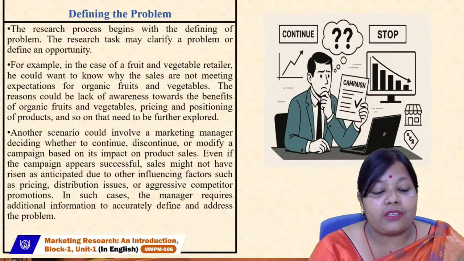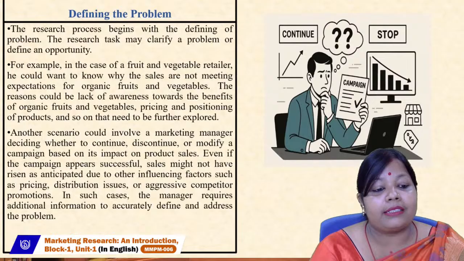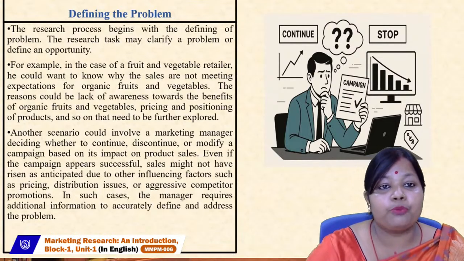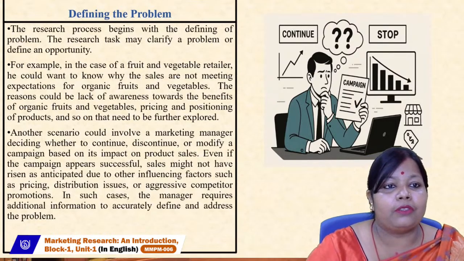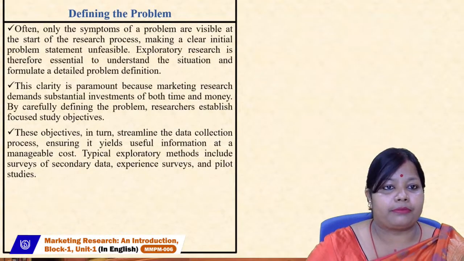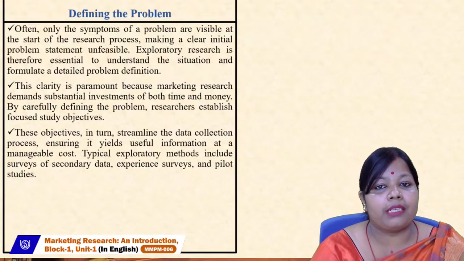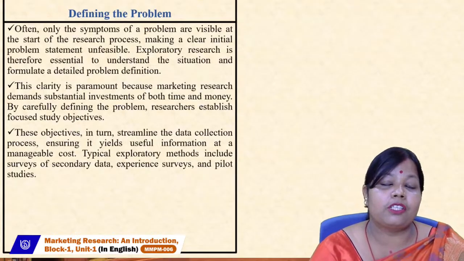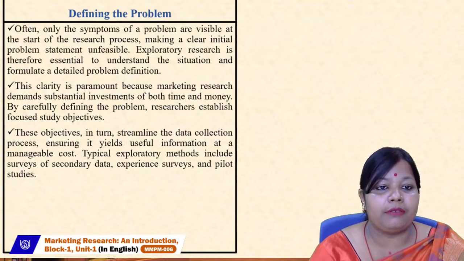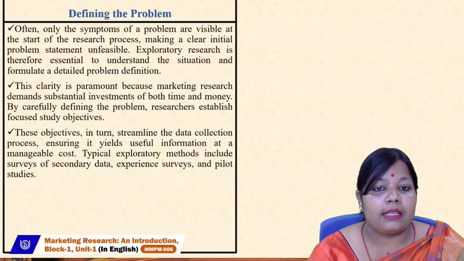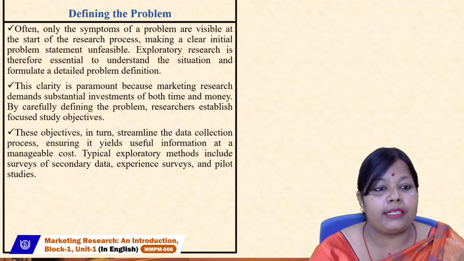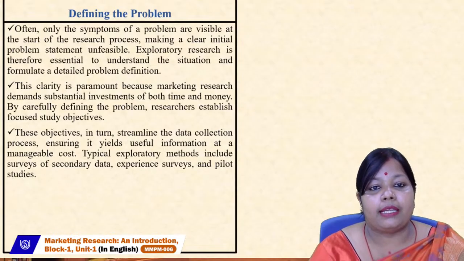So additional information to accurately define and address the problem is most important to define the research problem. Often, only the symptoms of a problem are visible at the start of the research process, making a clear initial problem statement unfeasible. So, exploratory research is essential to understand the situation and formulate a detailed problem definition.